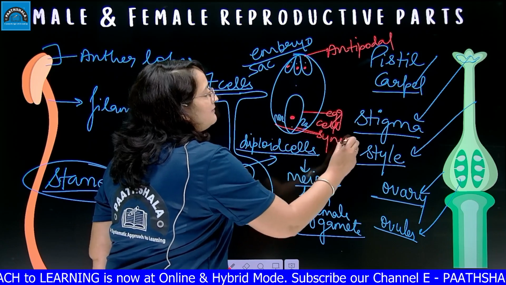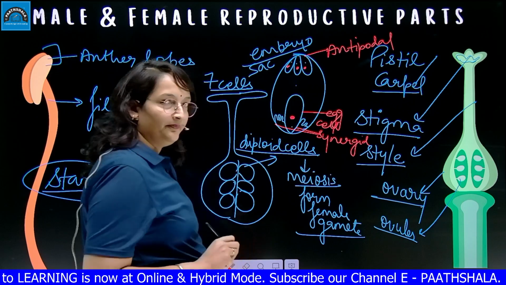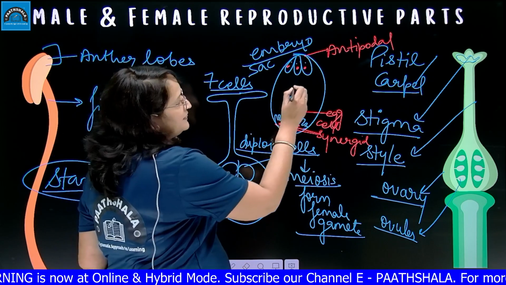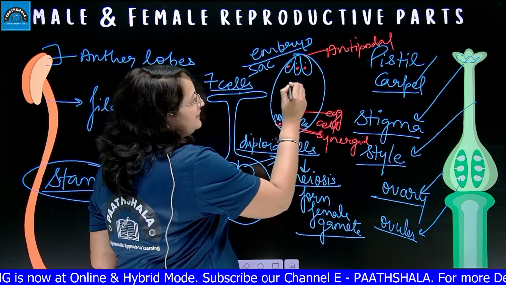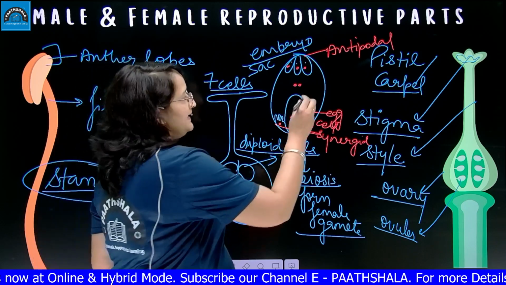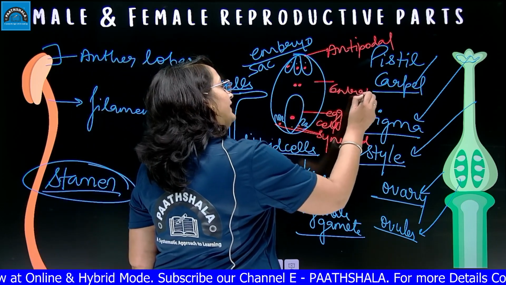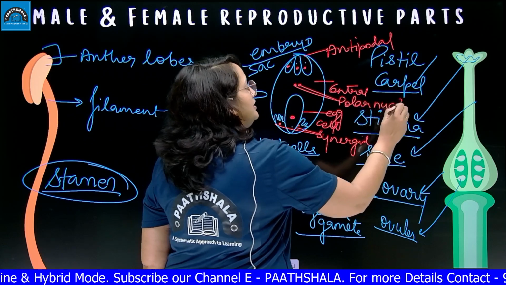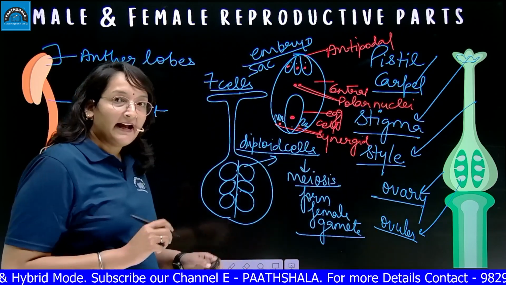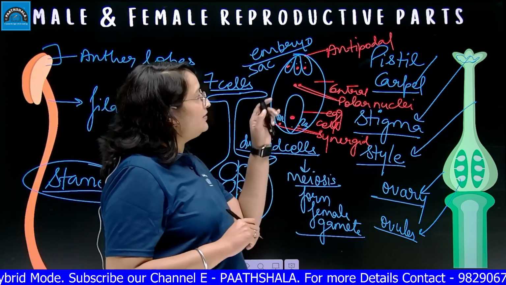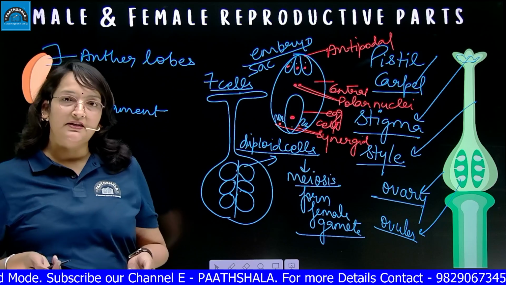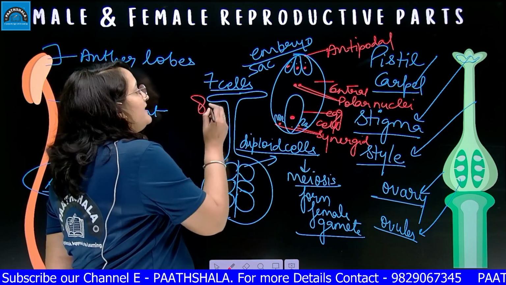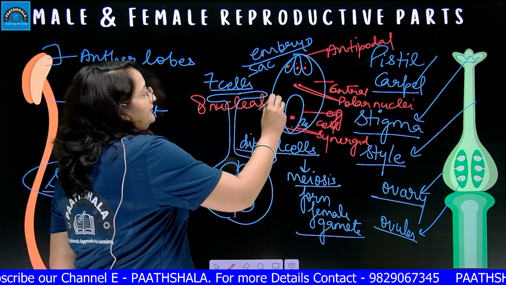These synergids help the pollen tube by giving direction. They are all having a single nucleus. Only the central cell is having 2 nuclei in it. These are called polar nuclei. So inside each ovule, an embryo sac-like structure develops after meiosis, and this embryo sac consists of 7 cells, an 8-nucleated structure.